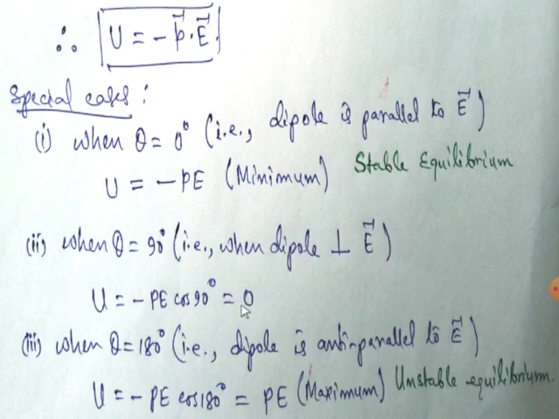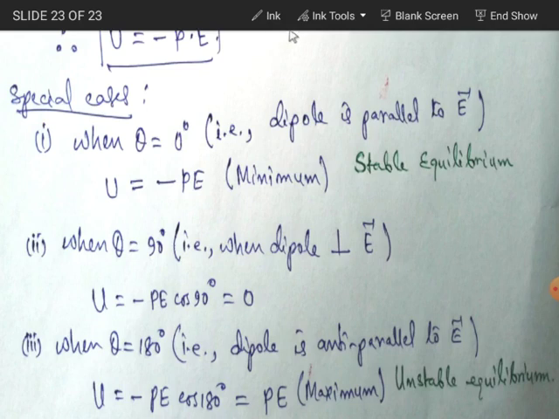When theta is equal to 180 degree, that means no doubt it is parallel, but the dipole moment is opposite to that of electric field E. Your electric field is like this, and your dipole will be lying here, but the minus q will be on this side and plus q on this side.